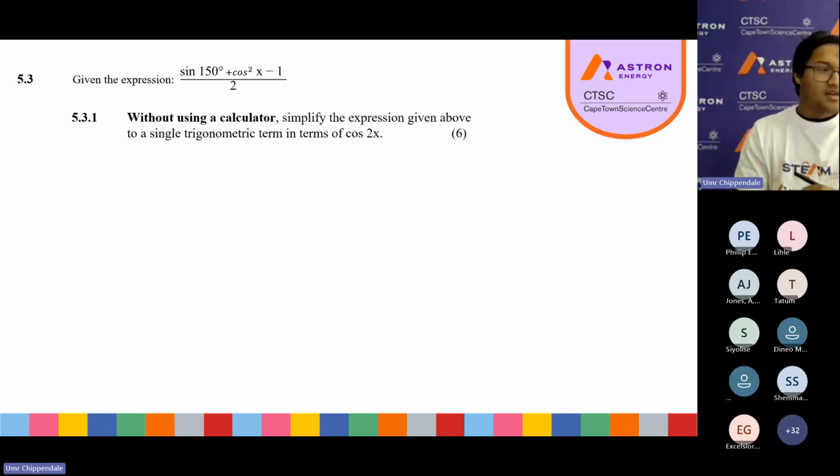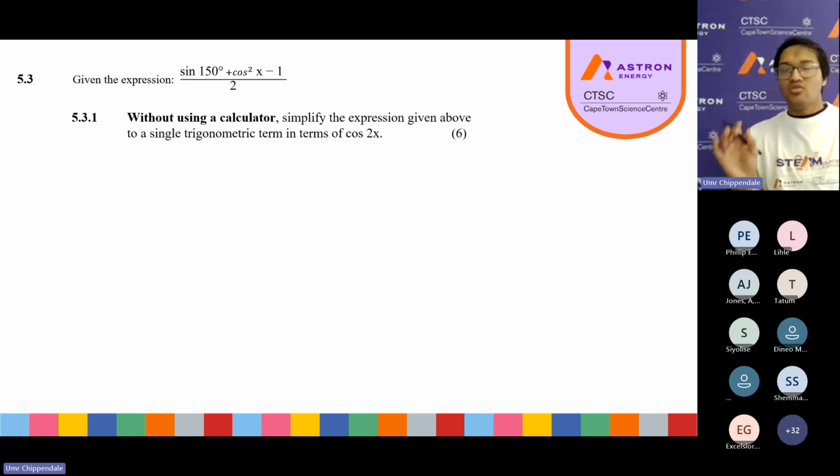All you have to do is look at this, and I don't have to give you any extra information. Without the use of a calculator, you need to simplify the expression given above to a single trigonometric term in terms of cos 2x. So basically, in the answer you're giving me, you're going to have cos 2x.